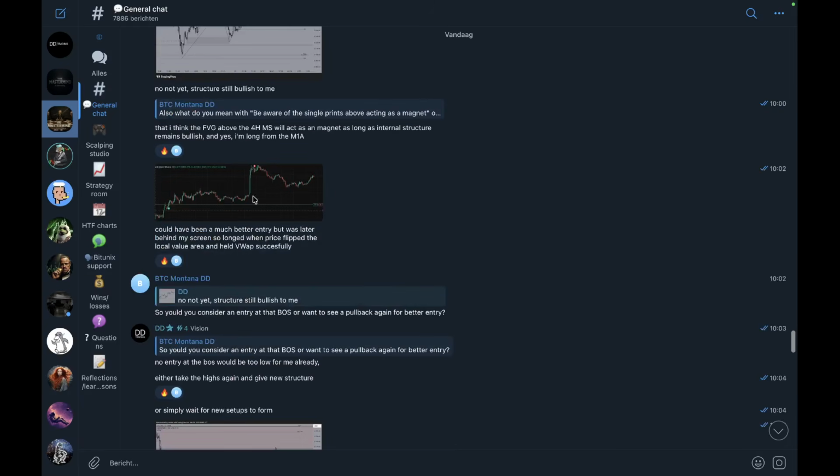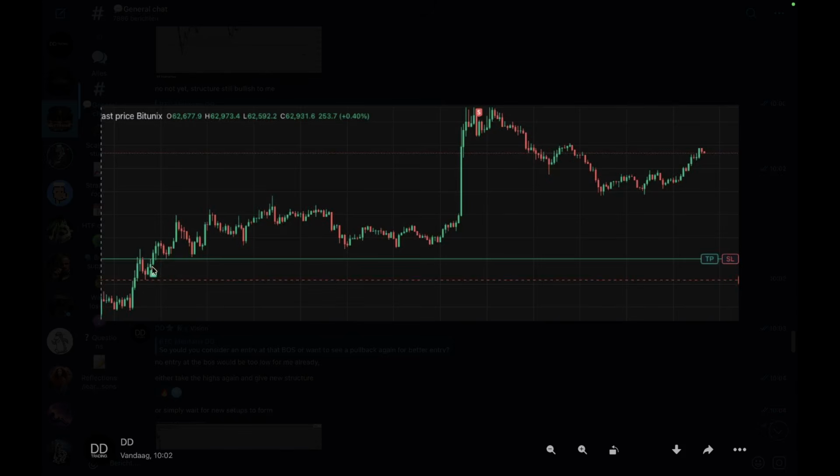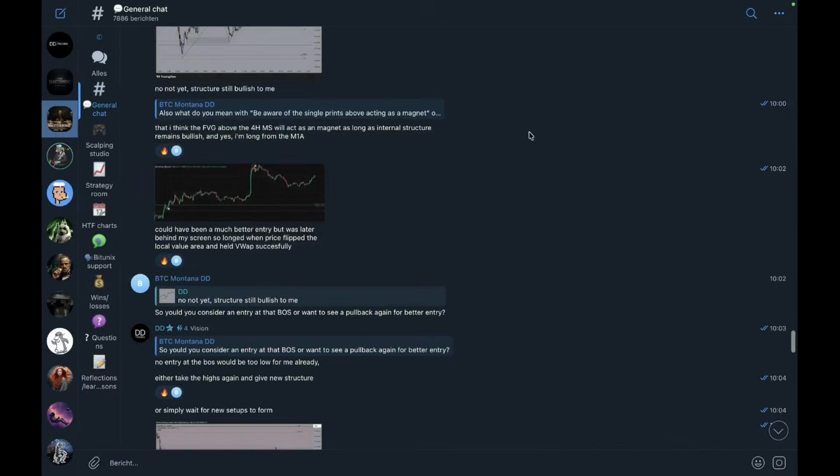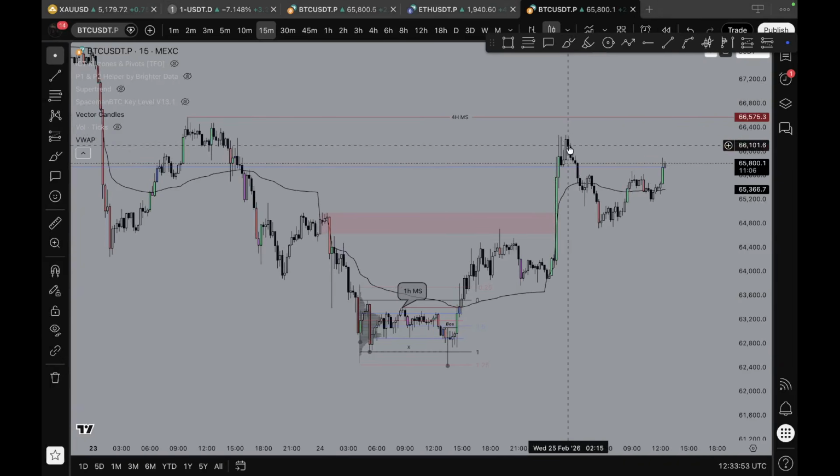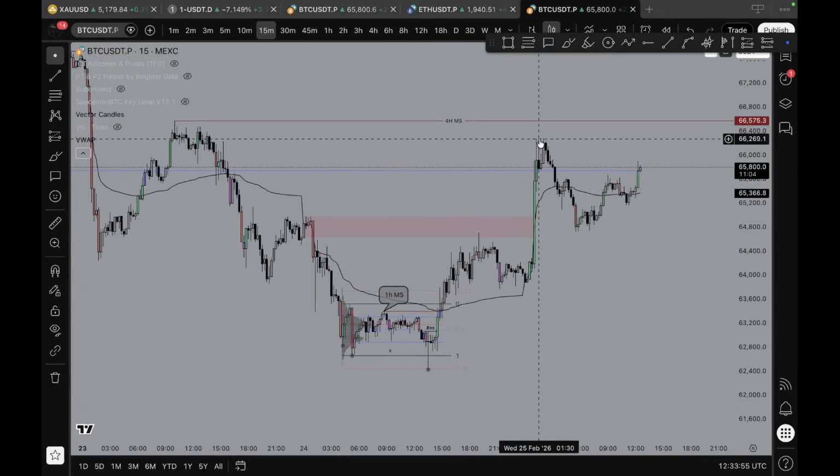So like here, this was my entry. In the middle of the night I woke up, I had a feeling I need to check. So I saw that strong push there, I sold 70%. And right now price is going back to that level. So took out a lot there.